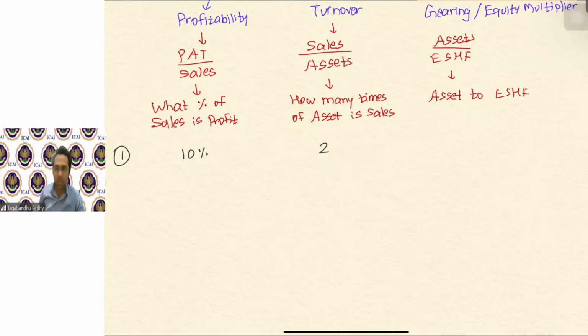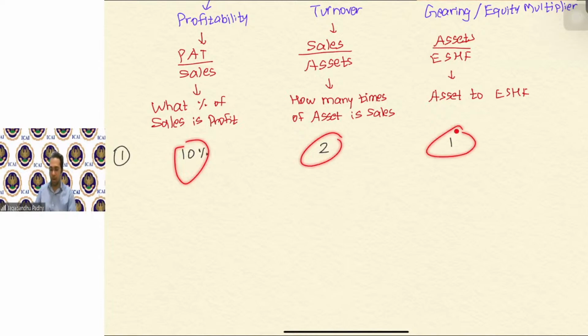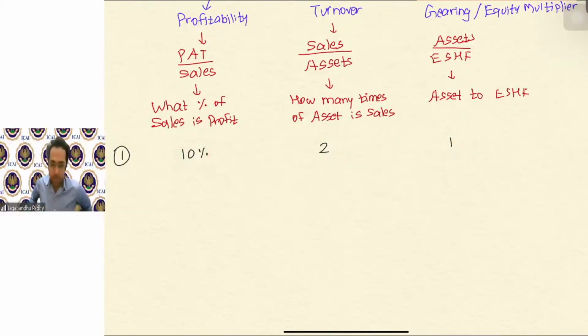And gearing is one, meaning assets upon equity shareholders funds works out to one time, so whatever your assets are, they're fully funded by equity shareholders funds. So profitability 10%, turnover two times, gearing one time. If you multiply all of them together, we get a return on equity of 20%, as we said earlier.